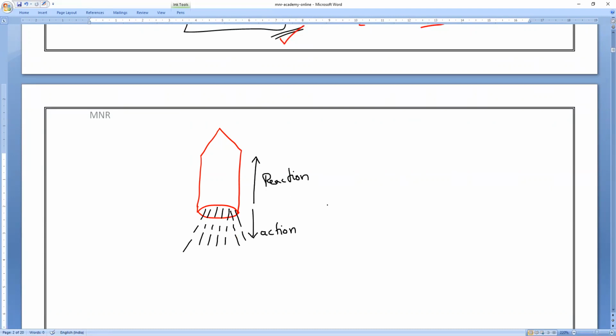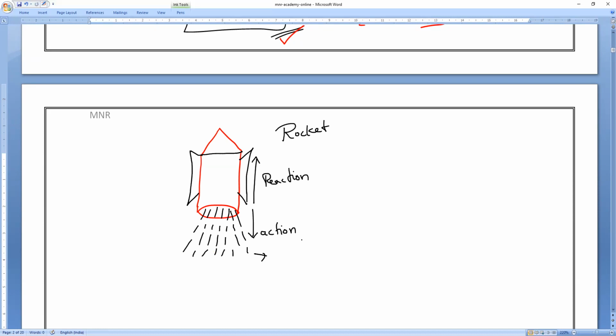Now, the gases exhausted by this rocket, all of you observe. Is the mass of the gases exhausted always constant, or does it vary? That is my question to you.